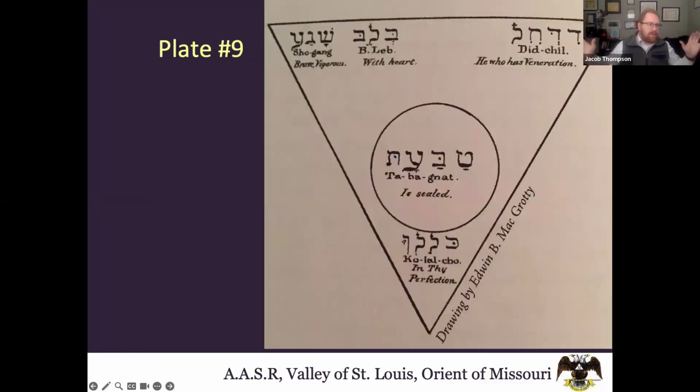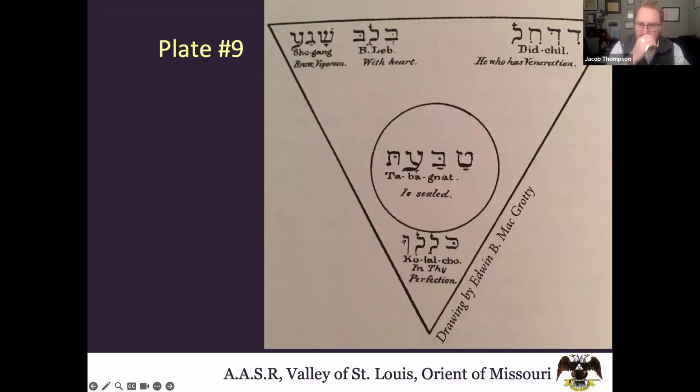Now, taking the interior written language, Pike kind of dabs into this, and he notices the first word is did-ka, or did-ha, which no such word exists, but dot-ka, which is to fear, venerate, appears. So he could translate that to he who has veneration. The next word he translates to meaning with heart, followed by brave or vigorous.